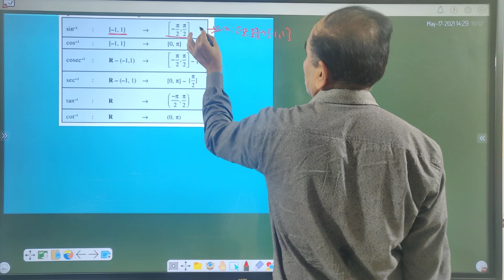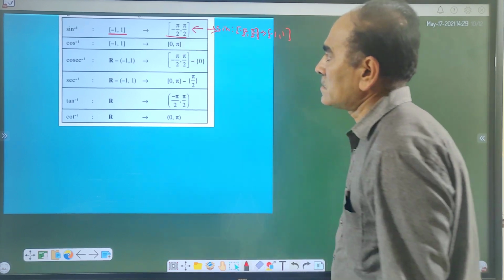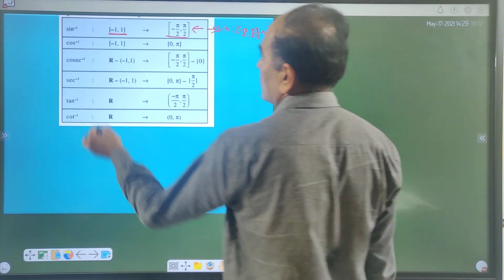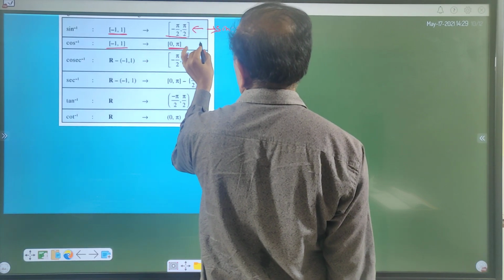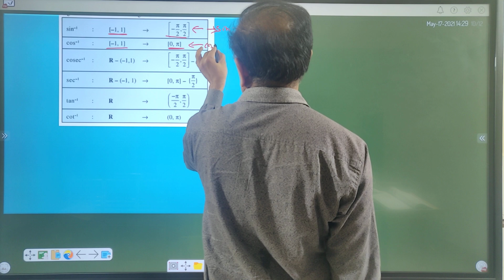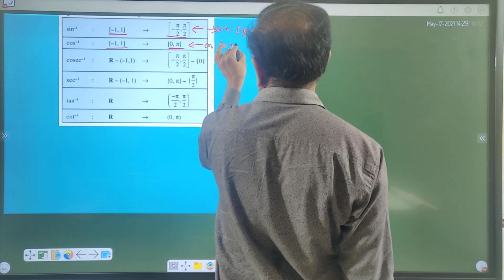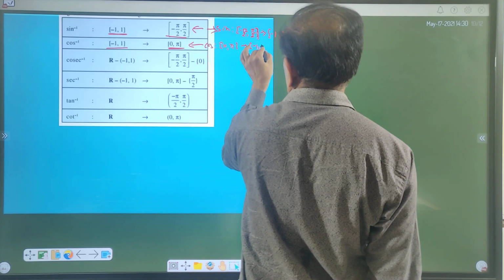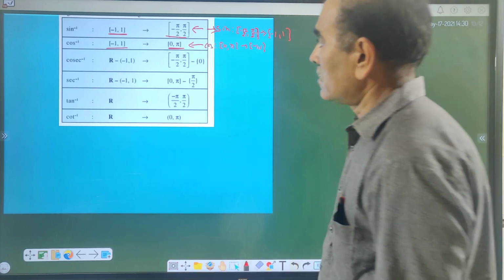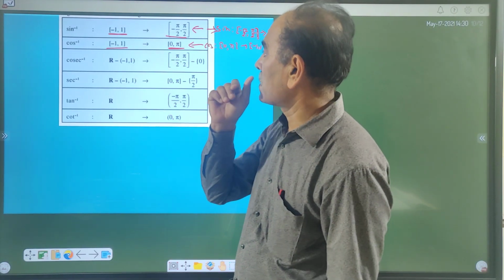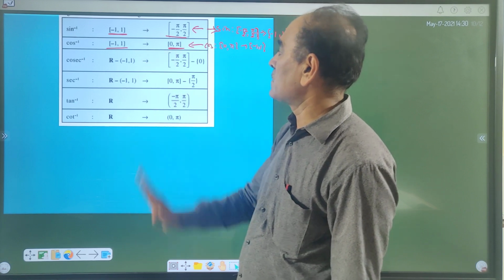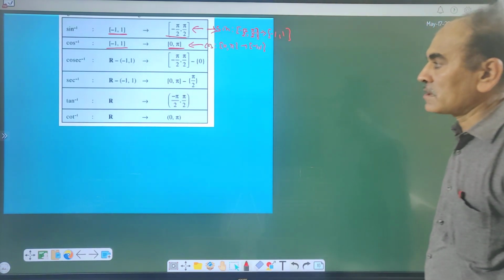This function is 1-1 and onto, so the inverse exists. In the same way, cosine is from closed interval 0 to pi to closed interval minus 1 to 1, which is 1-1 and onto. Likewise cosec inverse, sec inverse, tan inverse and cot inverse. These are the definitions of inverse trigonometric forms.